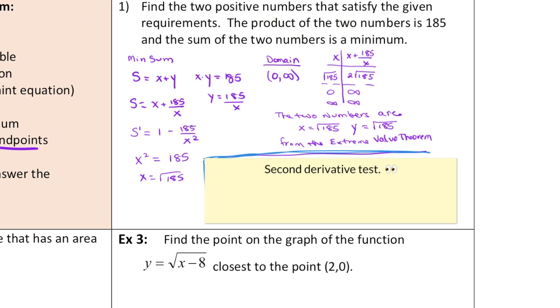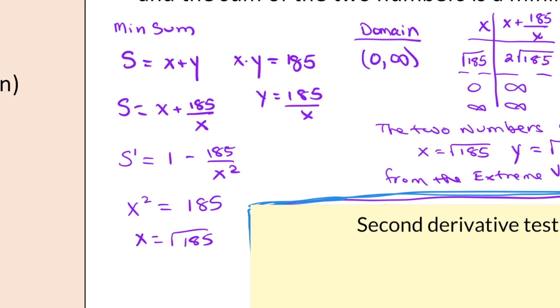So let's take a look at what you did for number 1. Did you write the words minimize sum? Did you write an expression for the actual sum that you're minimizing? Next, did you think about some sort of constraint equation? Solve to make a one variable equation. Find your derivative, your critical numbers, and your domain.